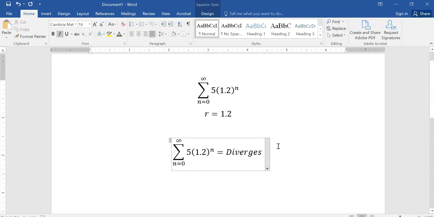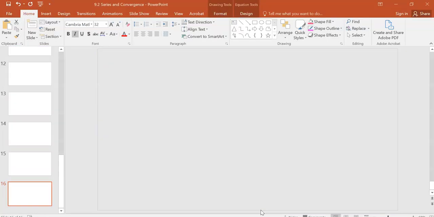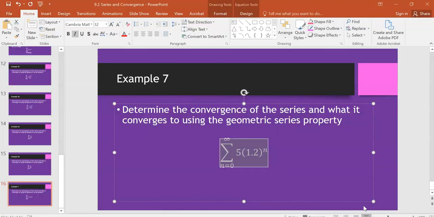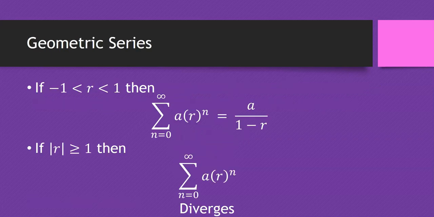That one's a little bit tricky because you're used to doing a over 1 minus r every time, but remember, a over 1 minus r only works when r is between -1 and 1, right? So when r is between -1 and 1, and we have a geometric series, then we can use this special formula. If r is bigger than 1 in terms of absolute value, then this series has to diverge.